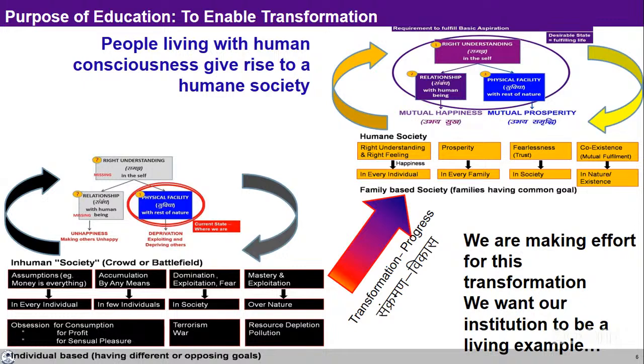People living with human consciousness give rise to a humane society. This is the desirable state: humane society, family-based society, families having a common goal. But the current state is an individual-based society.